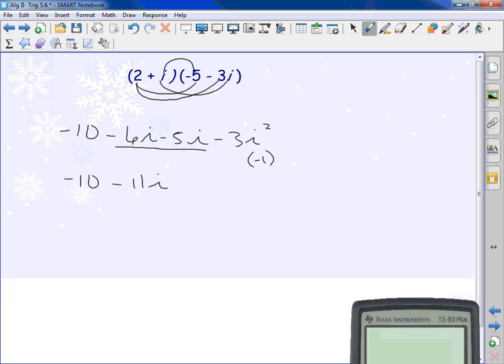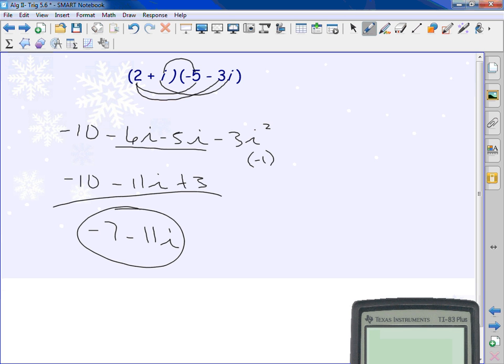So this is going to be plus 3. That's your answer. Negative 7 minus 11i.